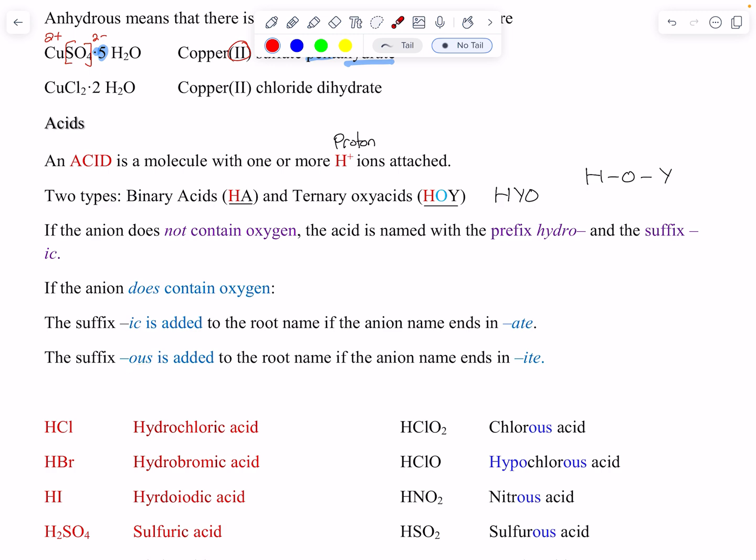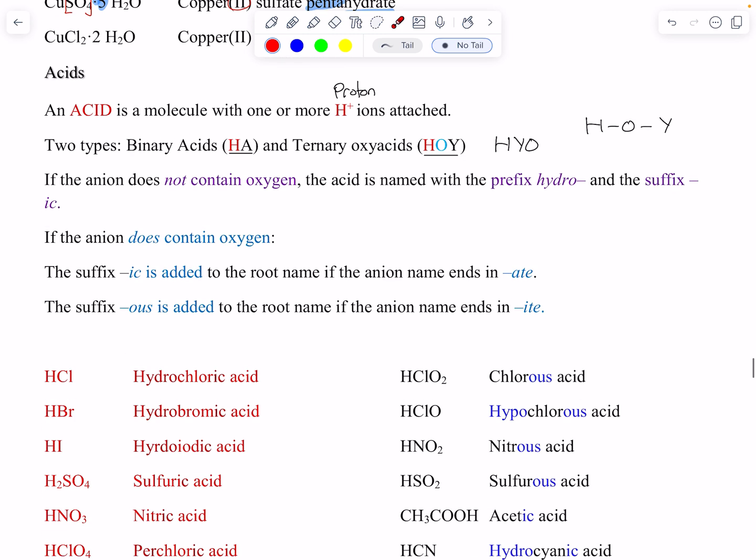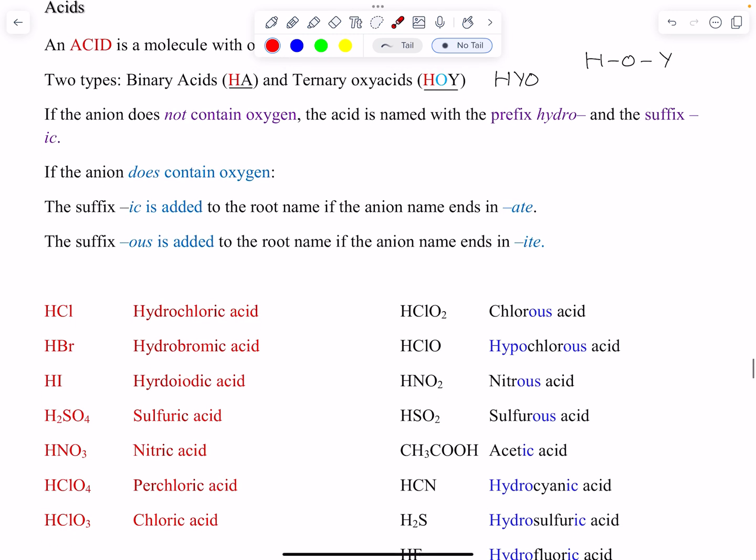That's the ending change. So let's look at some of these. HCl would be hydrogen chloride if I wrote it out. You don't use the mono. There is no oxygen, so hydrogen becomes hydro, and chloride goes to chloric: hydrochloric acid. That's how we name it.